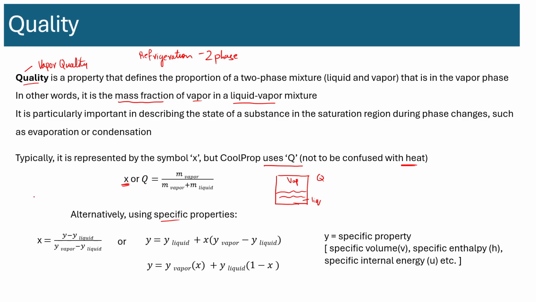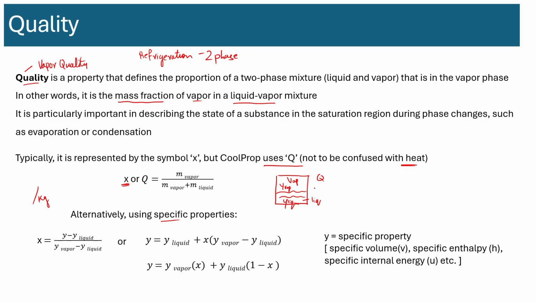You remember the properties that had per kg or per mass. So suppose you had a property like that, a specific internal energy or a specific volume even. So you can have that property for liquid and for vapor. So let's call it Y liquid and Y vapor.